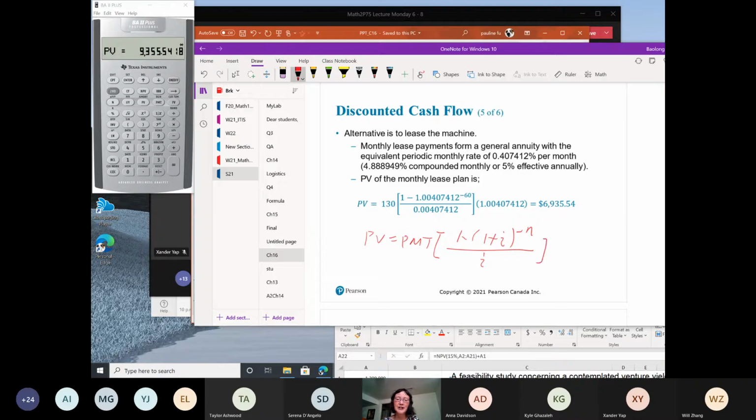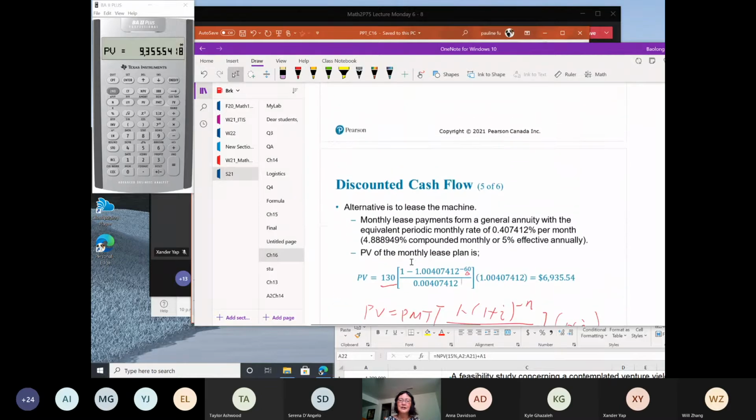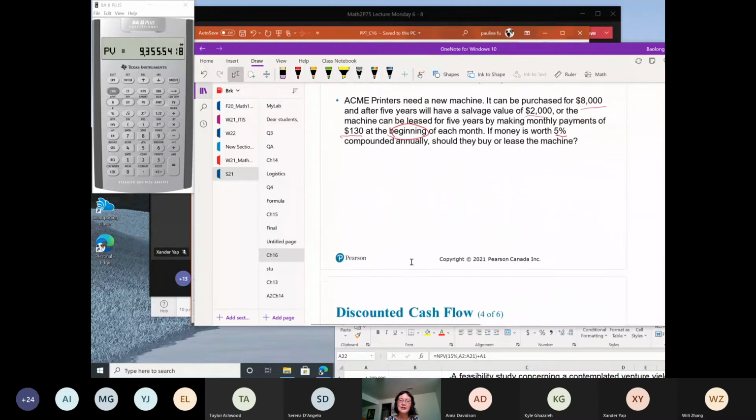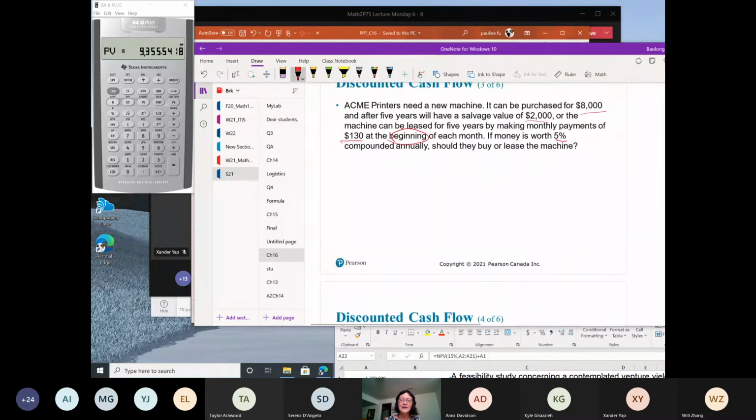Because this is the beginning, this is an annuity due, so you have to multiply by 1 plus i. This is the formula method: PMT is 130, N is 5 years, which is the same as 60 because the payment is monthly. Interest is compounded annually, so for this example, PY equals 12, CY equals 1.